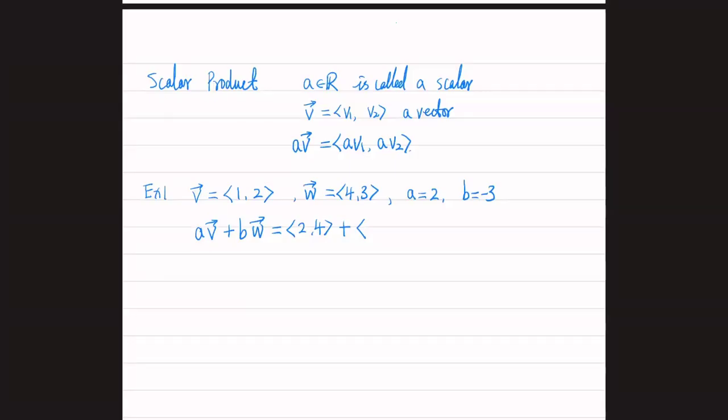That's -12 and -9. Okay, nice. Then we add them. So the scalar multiplication and vector addition.